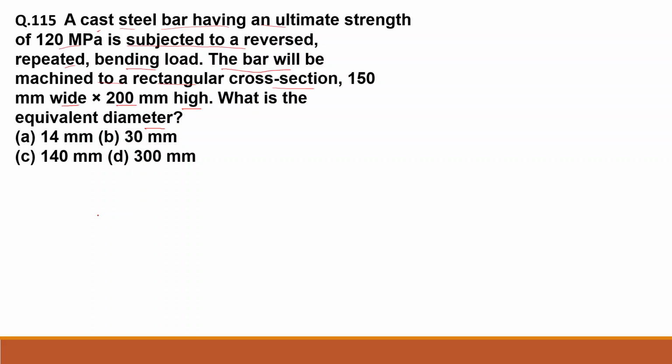The effective diameter of any non-circular cross section is given by D_E is equal to the square root of A95 upon 0.0766, equation 1.